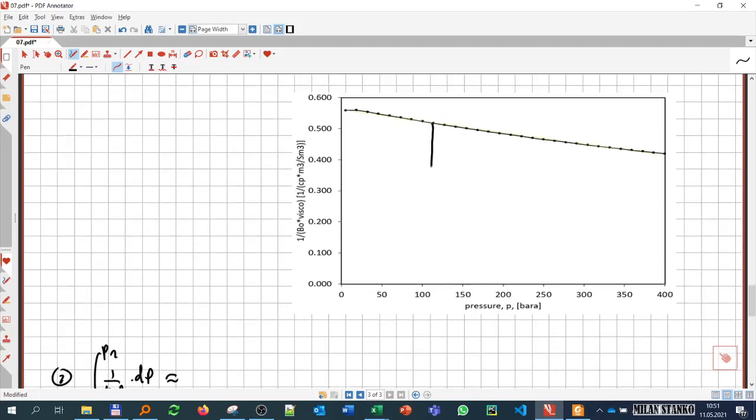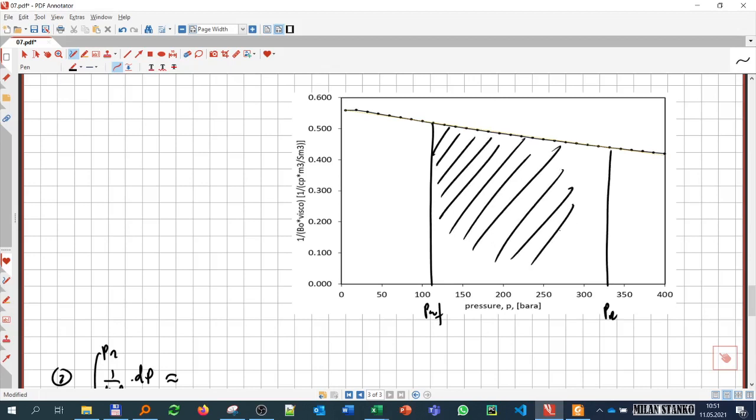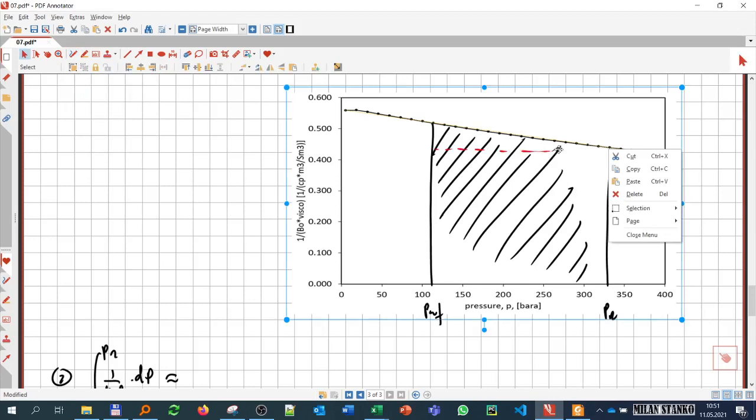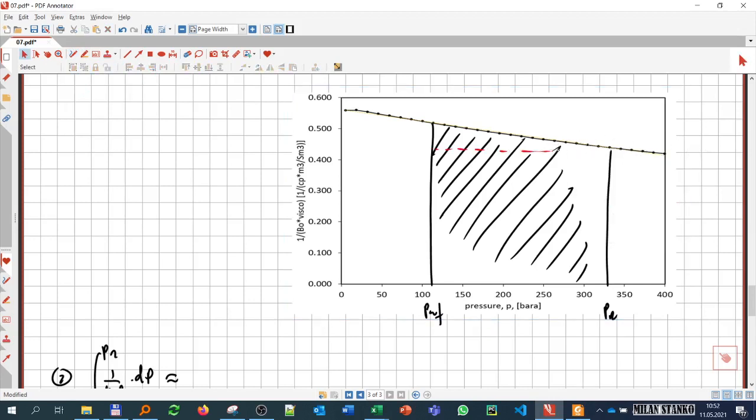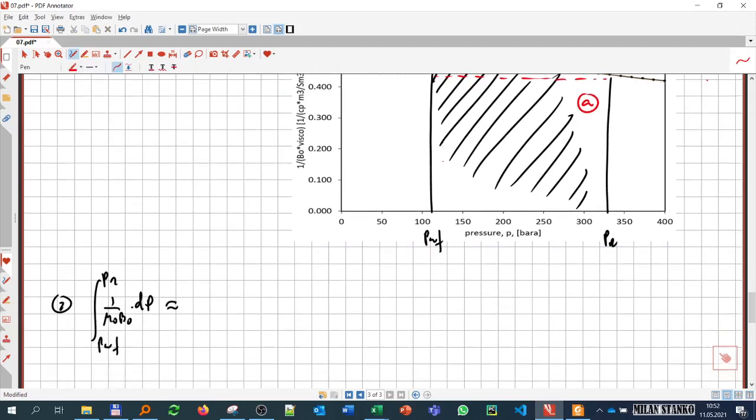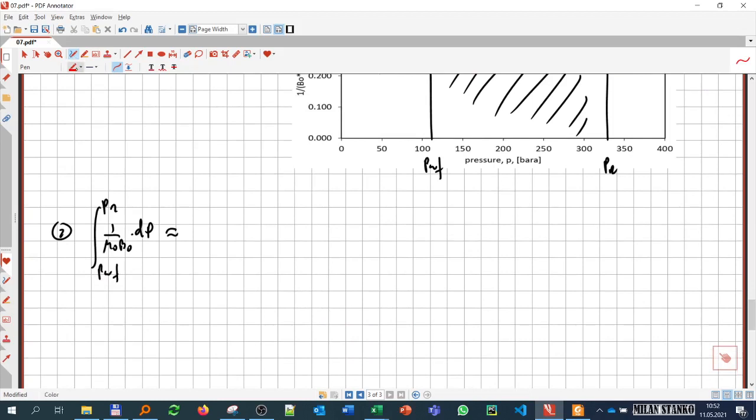If you have your PWF here, and your PR someplace here, it's going to be simply the area under this curve. To approximate the area, you can use the trapezoidal rule, which tells you that it's just this rectangle A, plus B, plus this triangle. That's what you say to calculate the area.